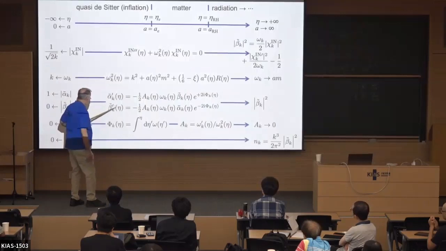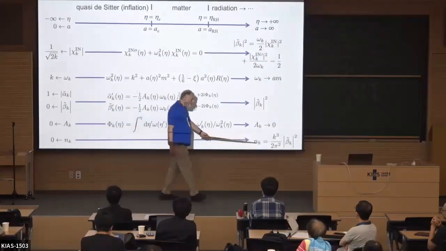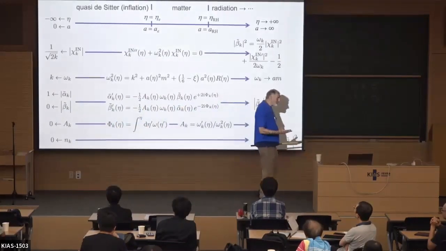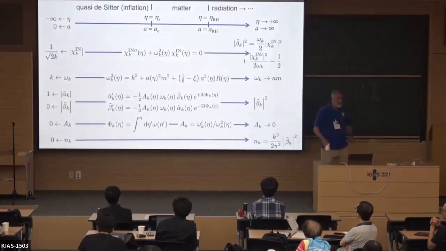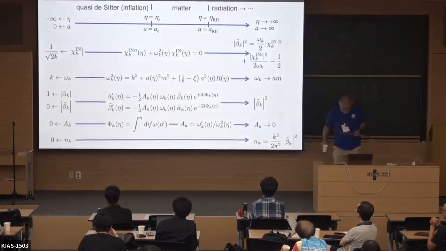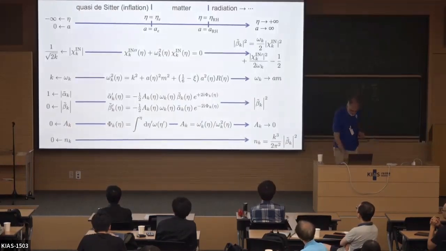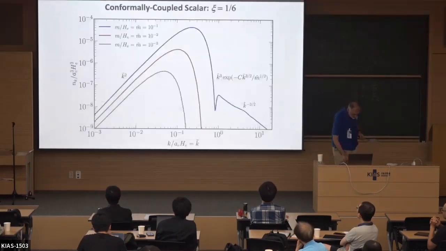And we want to find the value of beta of k tilde at late time, and that will give us the mode density N sub k. Okay, so that's the program. So let's write a program.